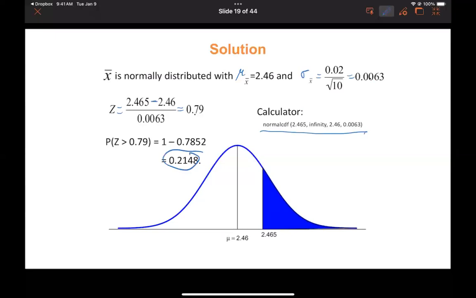I think it's extra work personally, but this is your normal CDF stuff right here. And it's just showing that we're looking at this portion. This is the area of the curve that we're looking at. That's all that this is showing. I love the diagrams though. The diagrams are super helpful.